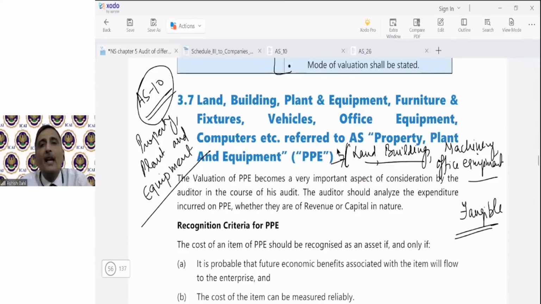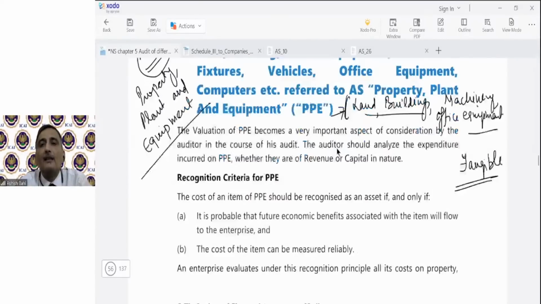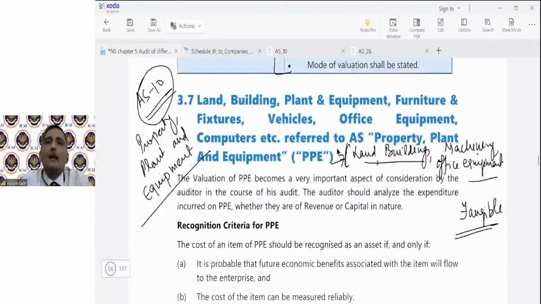So inventories would be converted into trade receivables when the goods are sold, and then finally converted into cash when the payment comes. But this is not so with property, plant, and equipment. Although inventories are also tangible assets, PPE items are held for a period of more than 12 months as per AS 10, Accounting Standard 10.